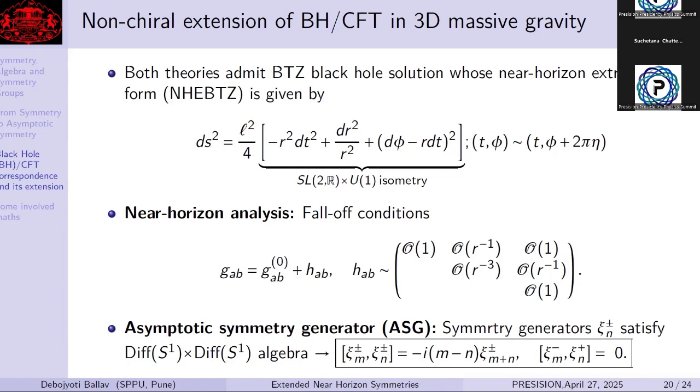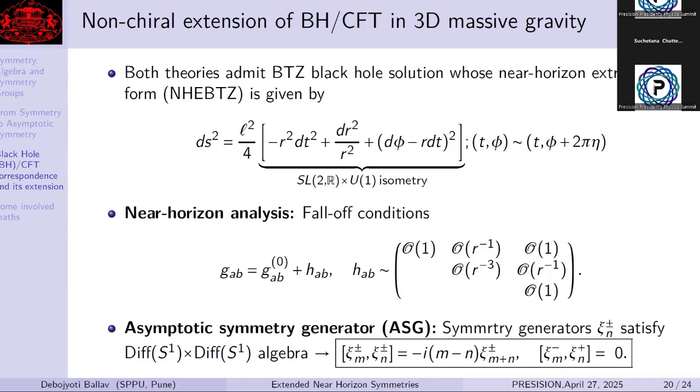SL(2,R) is a special kind of group. It is the covering group of Lorentz transformations. S is for special, L is for linear, the special linear group.